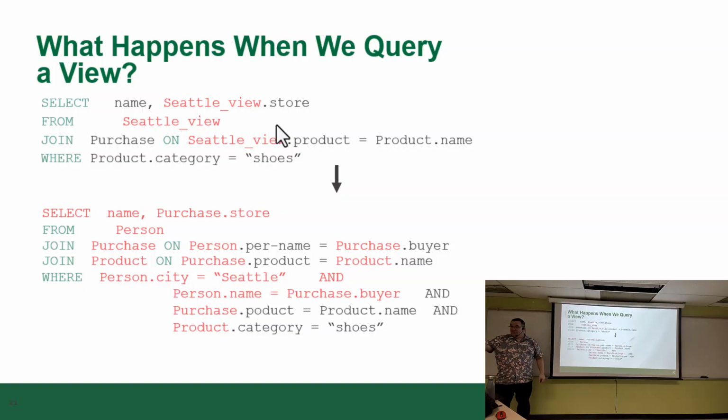So the query optimizer is able to dissect the two queries, figure out how they fit together, reassemble it, and it runs the whole thing on the inside. So views are really powerful because of how the optimizer figures out how to use them.